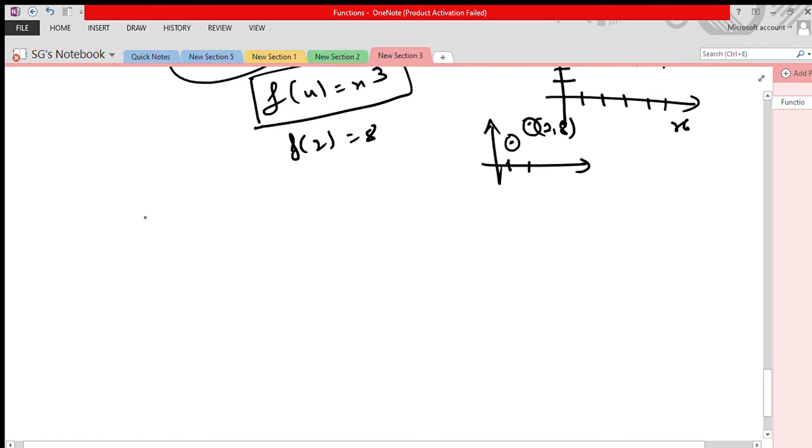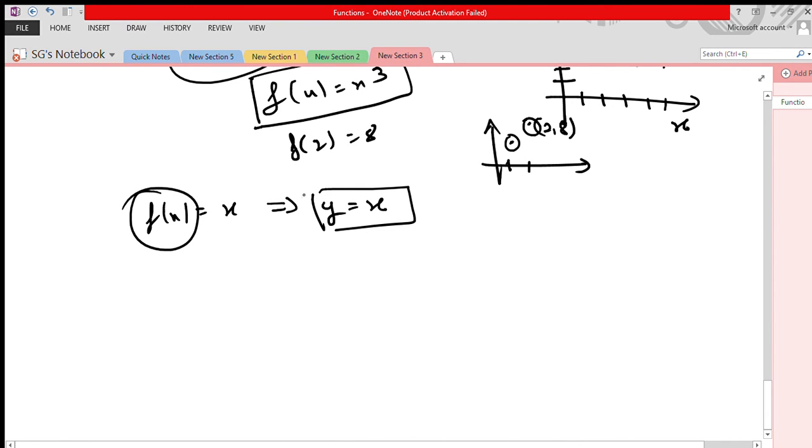For example, f(x) equals x, this particular mapping can be considered as the equation y equals x, because f(x) denotes your y value in the Cartesian plane, and you already know the curve of this. So it is a graph inclined at 45 degrees. Every point will give you the input and output of this function.